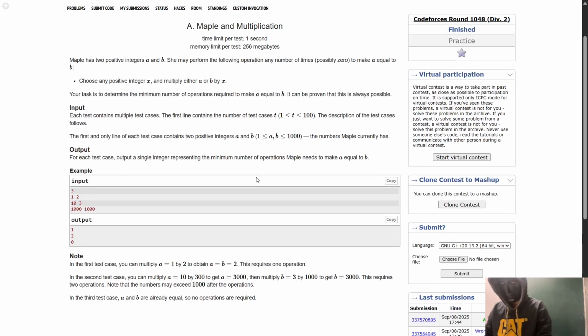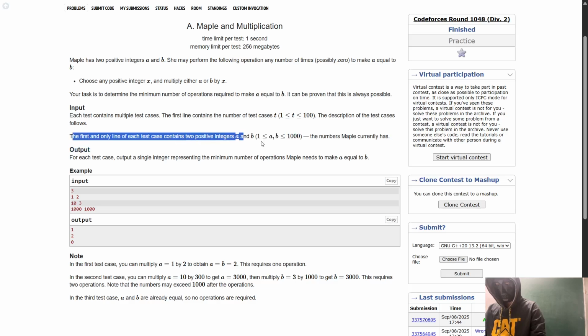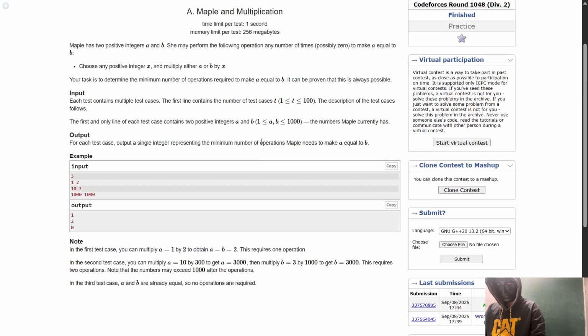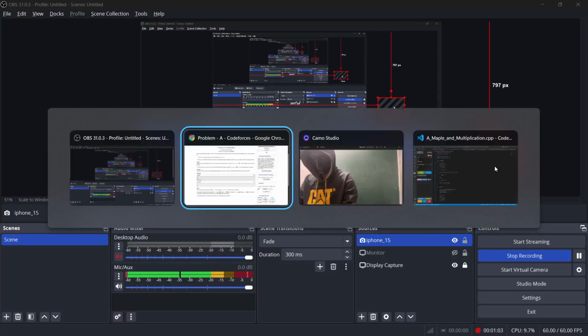In the input format, they've given an integer t denoting the number of test cases, and for every test case we have two positive integers a and b. They've given three test cases. The first test case is 1 2. So let me take you to the board and explain.